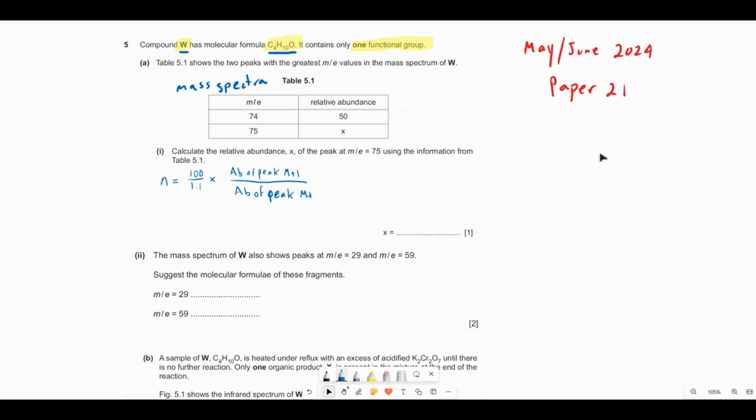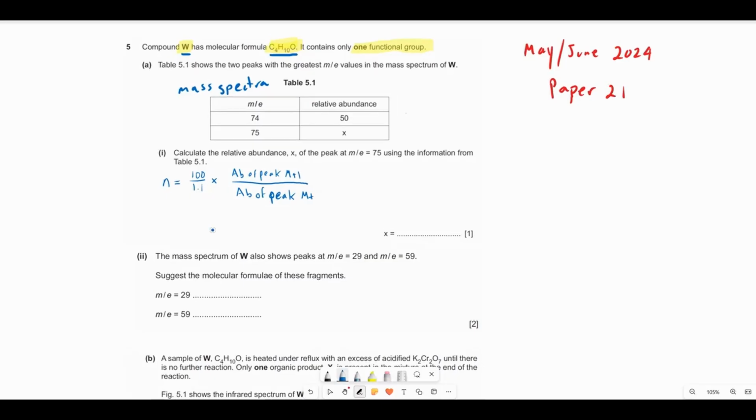So this is the equation that we learned during the lecture. We learned how to relate the relative abundances of the M plus 1 peak and the M plus peak to give us N, the number of carbons. Now, you might be saying, okay, that relates to abundance, but we're not being asked to find the number of carbons. But if we remember, we were given the number of carbons. We know the number of carbons is 4. So from the chemical formula, we know N is equal to 4, and that's going to be equal to 100 over 1.1 times the abundance of the M plus 1 peak.